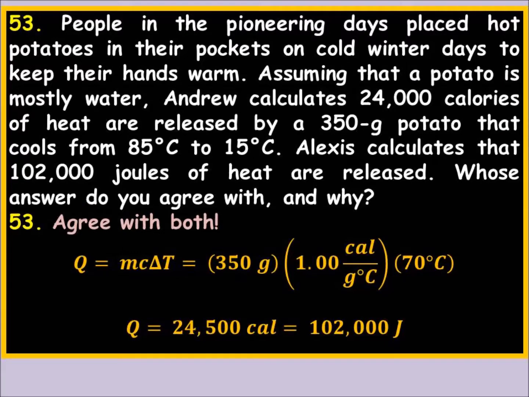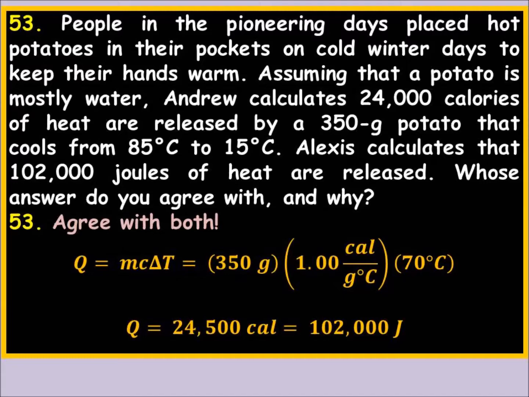People in the pioneering days placed hot potatoes in their pockets on cold winter days to keep their hands warm, assuming that a potato is mostly water. Andrew calculates 24,000 calories of heat are released by a 350-gram potato that cools from 85 degrees Celsius to 15 degrees Celsius. Alexis calculates that 102,000 joules of heat are released.